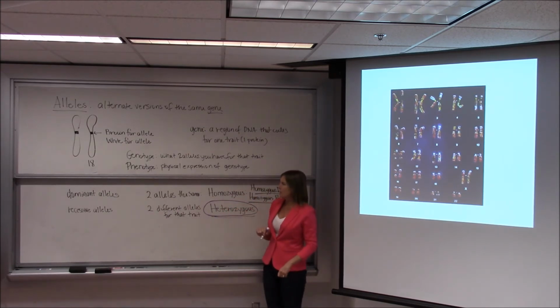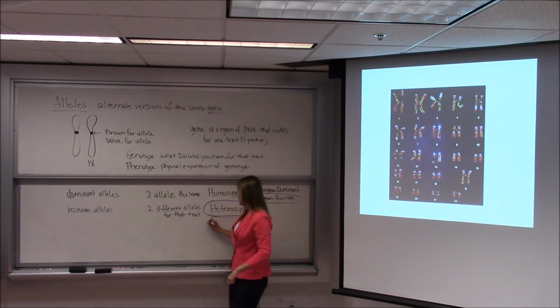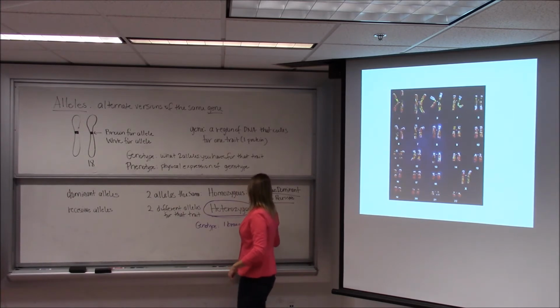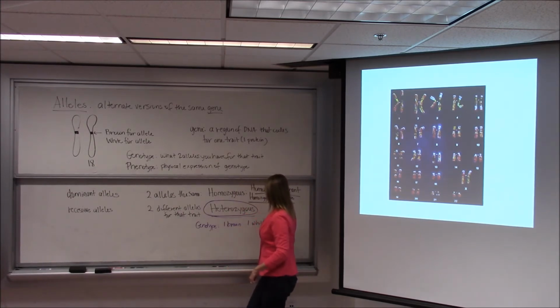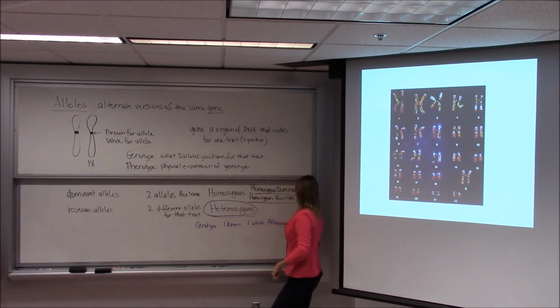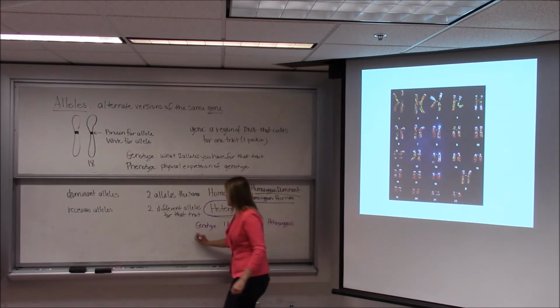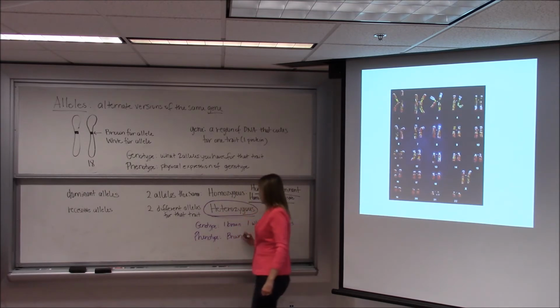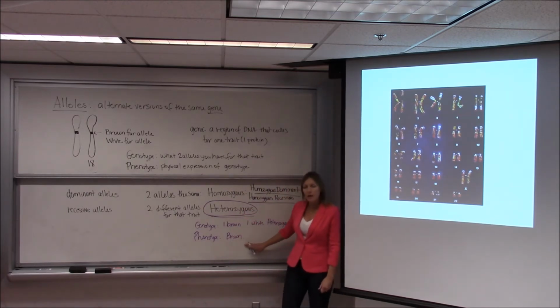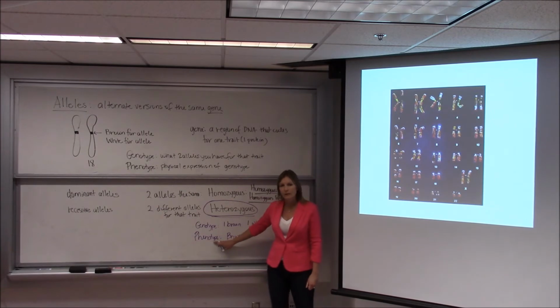If we're talking about the fur color and the genotype of that hamster was that he had one brown allele and one white allele, in other words, he was heterozygous, and his phenotype was that he's brown, we would know that brown is the dominant allele.